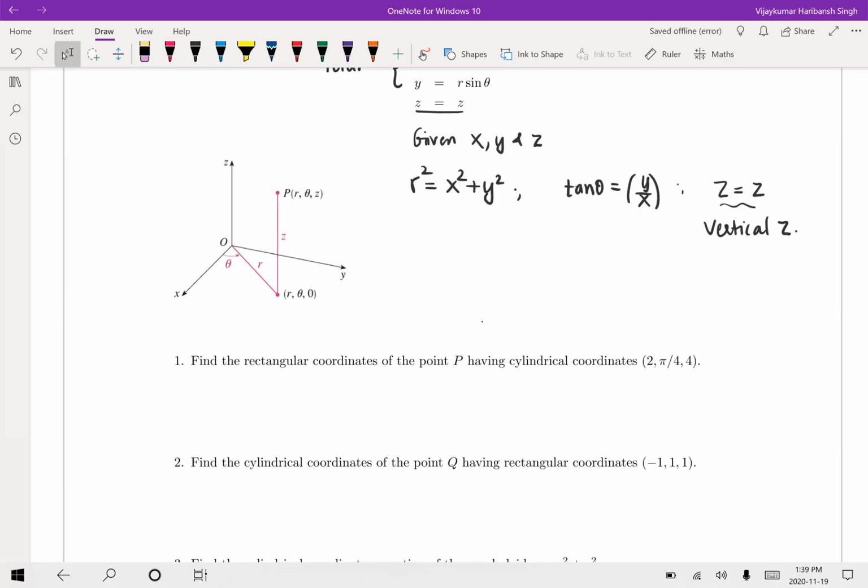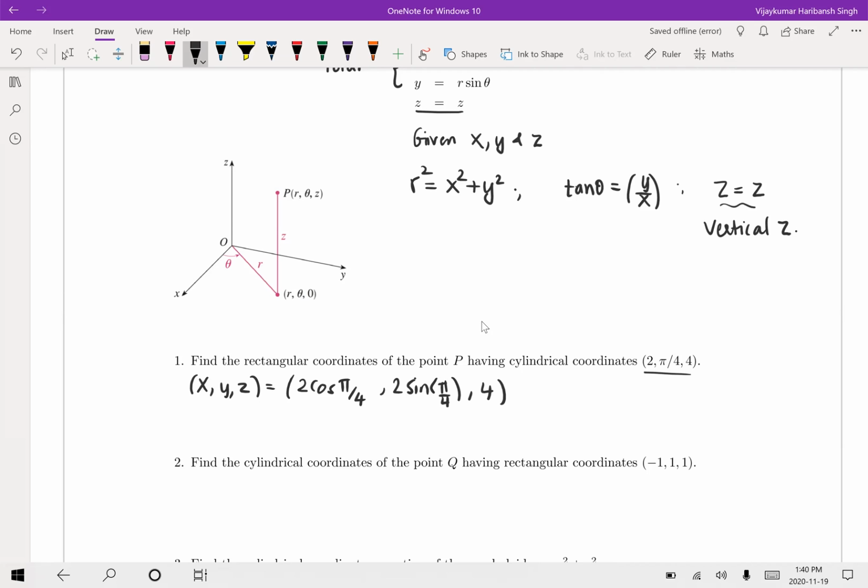Let's take rectangular coordinates. Find the rectangular coordinates of point P having cylindrical coordinates 2, pi by 4, 4. So we have x, y, z equal to 2 cos pi by 4, 2 sin pi by 4, and 4 remains 4, so z is unchanged.